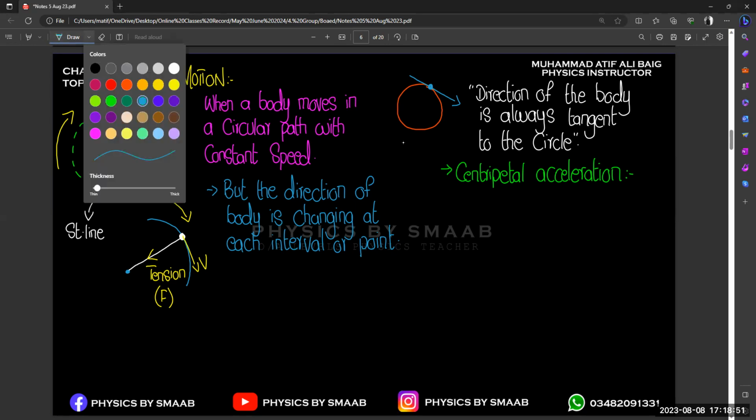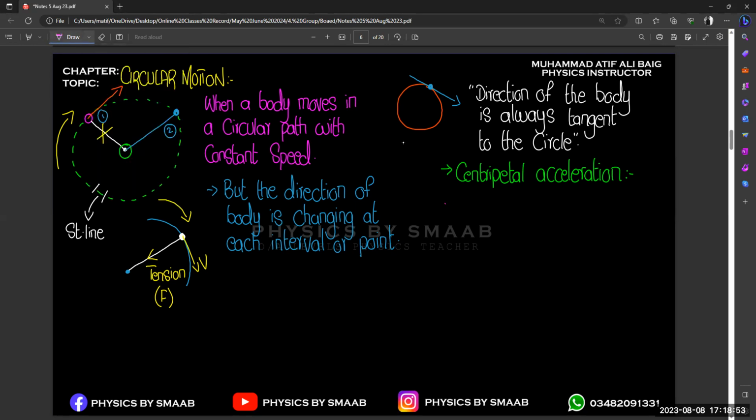So for that purpose, you need to write the reason that velocity is a vector quantity, because the rate of change of velocity is known as acceleration. So we know that velocity is a vector quantity.